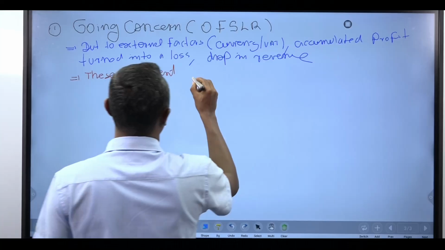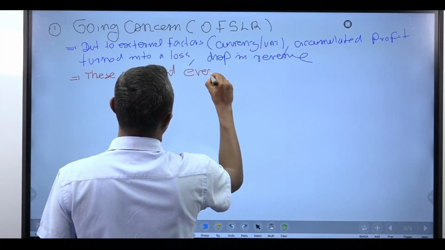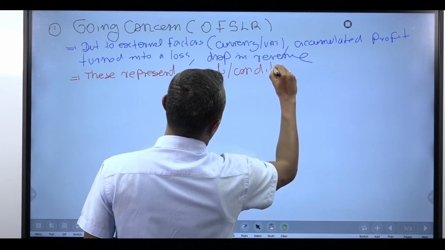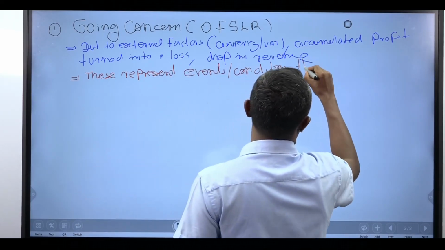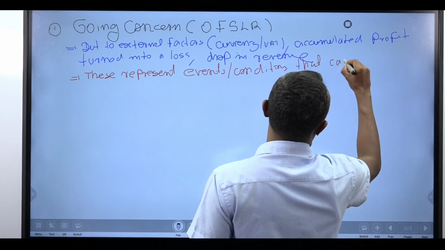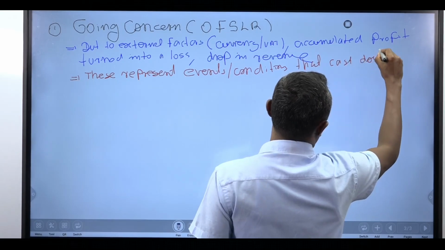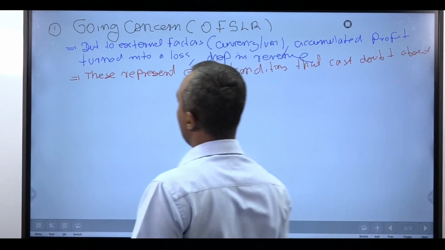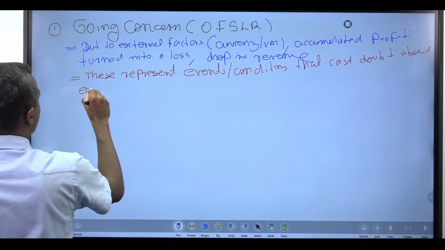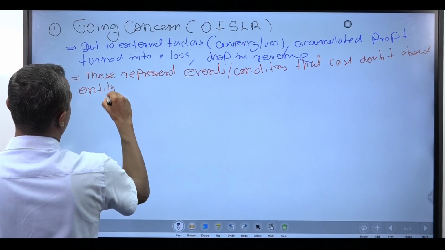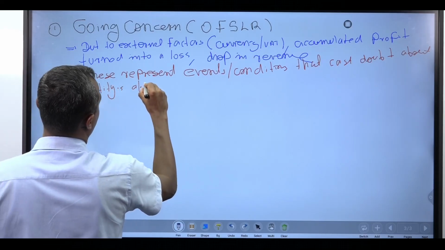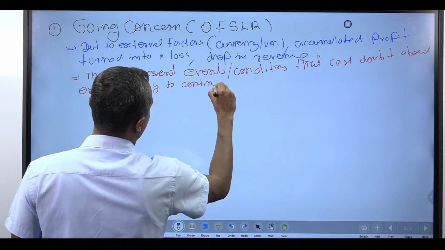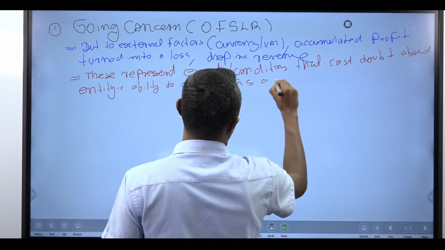These represent events or conditions that cast doubt about the entity's ability to continue as a going concern, GC.